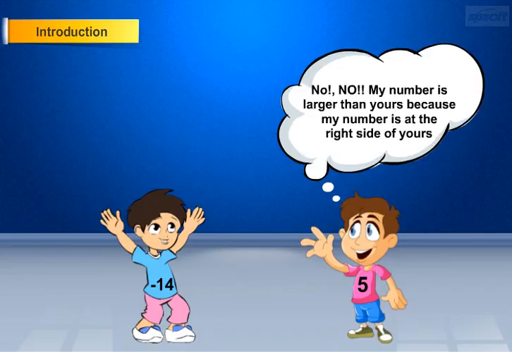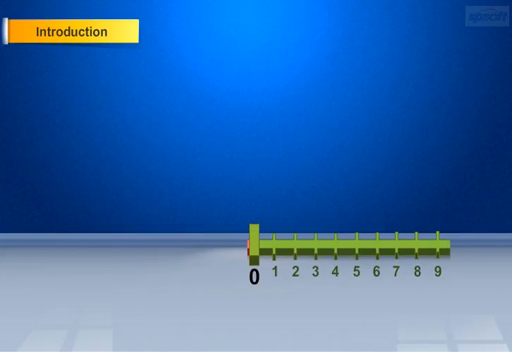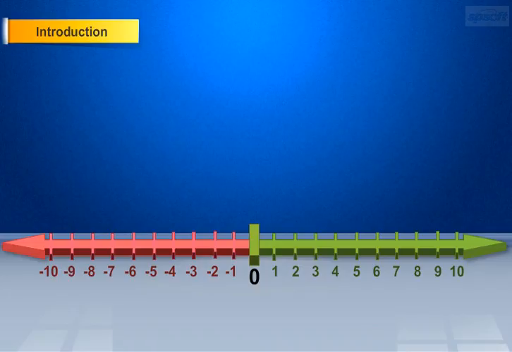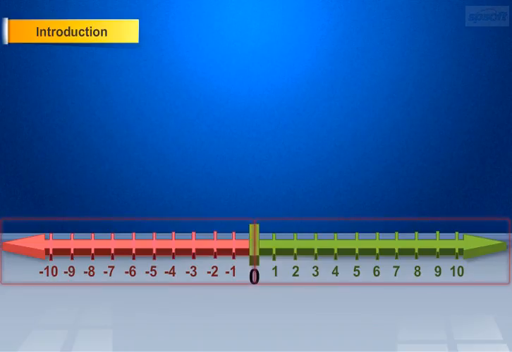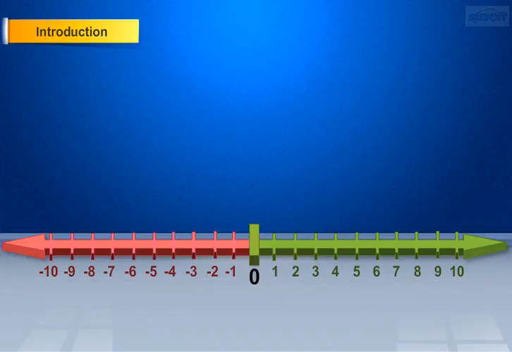No. My number is larger than yours, because my number is at the right side of yours on the number line. Who is correct? As we discussed, the right side numbers are always greater than the left side numbers on the number line. You are absolutely right.